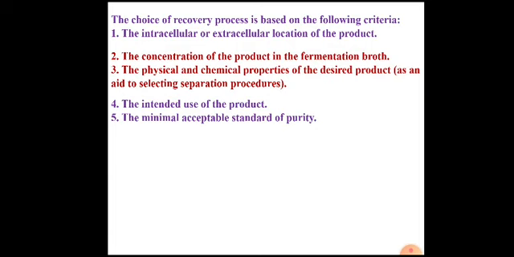Then the intended use of the product. So product can be used generally for two reasons. One is for human consumption. Second one is for animal consumption. Say for example, if it is used for human consumption, then it has to be purified to a very high level. In case of animal consumables or applications, the product may be prepared in crude form.